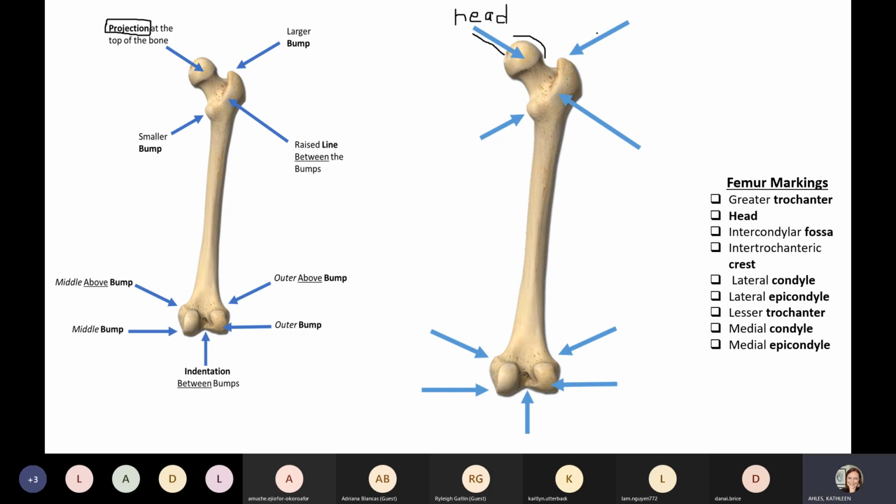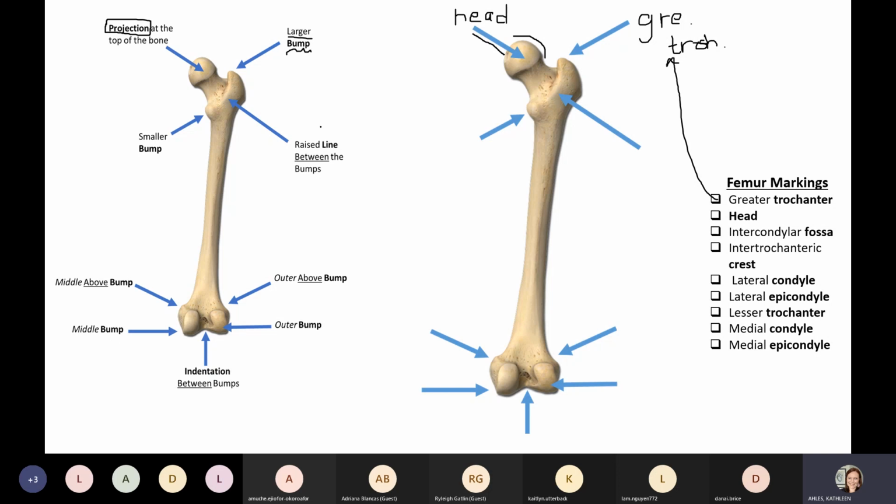My next bone marking that I have is this one up here. This is something called the greater trochanter. I'm not going to write the whole name. Greater trochanter. This one right here. Notice in my description of this structure, it says the larger bump. Oh, interesting.